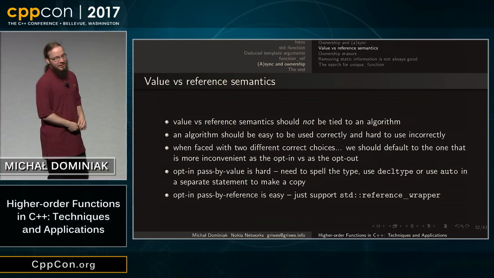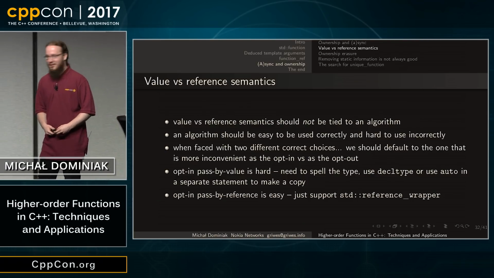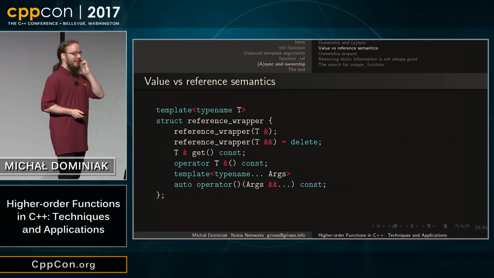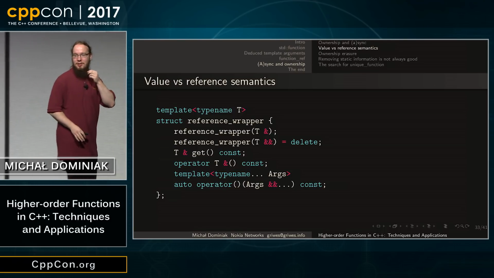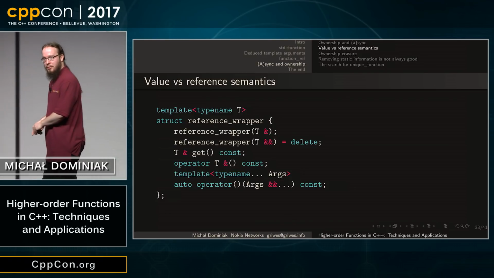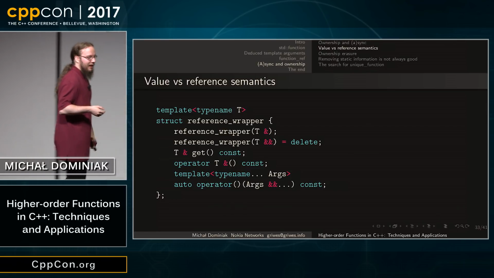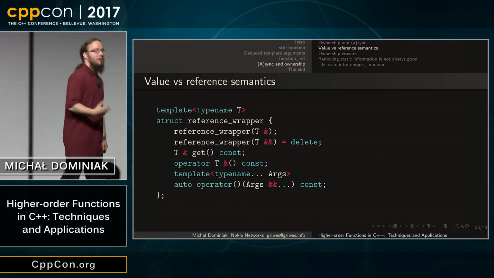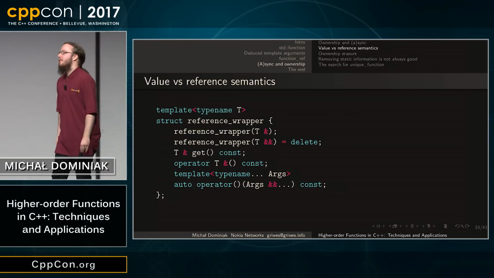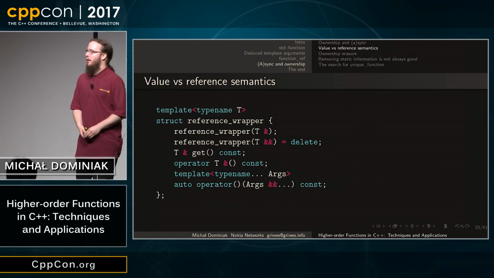So std::reference_wrapper is a weird thing. It's a reference, but it's not a reference. It looks something like this. So we have a constructor. We can construct it from an lvalue. We cannot construct it from an rvalue. Which kind of, again, goes back to your question, right? We can get a reference. It's convertible to a reference to T. And it also has this one little curious operator down there, which is only present when you can actually call it.